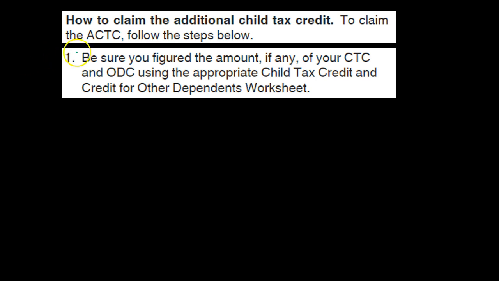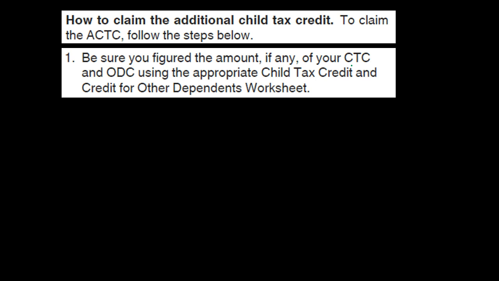In other words, how are we going to get to the additional child tax credit? You've got to first figure out what the child tax credit is. In other words, do we have the qualified child, and what would the child tax credit be, and then the limitation on it. Of course, if it's $2,000 and there's a limitation on it, we'll find that out in the worksheet.